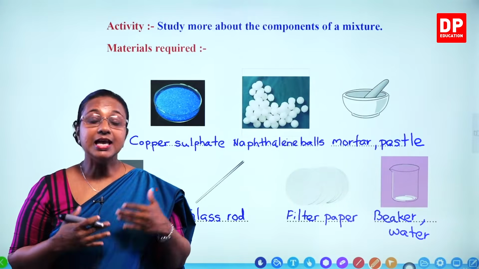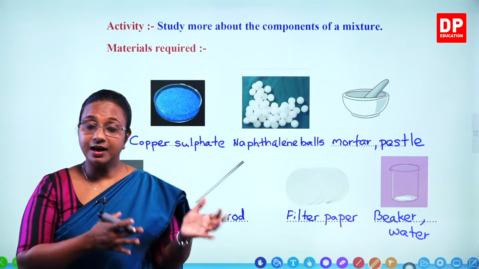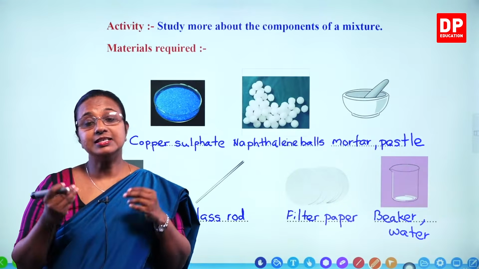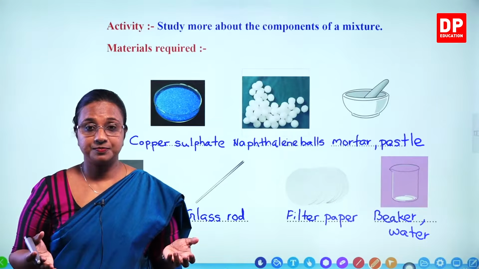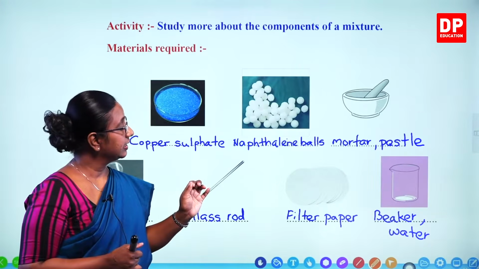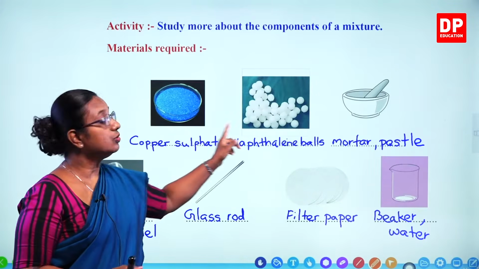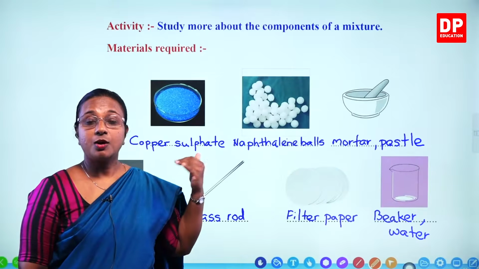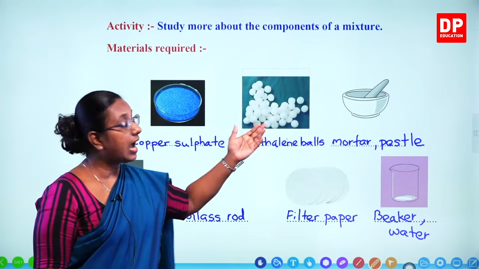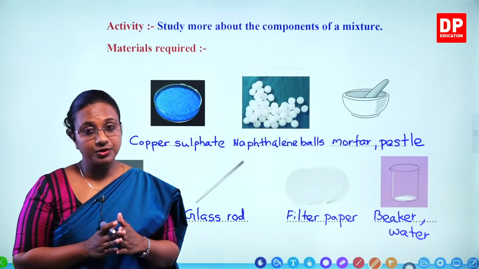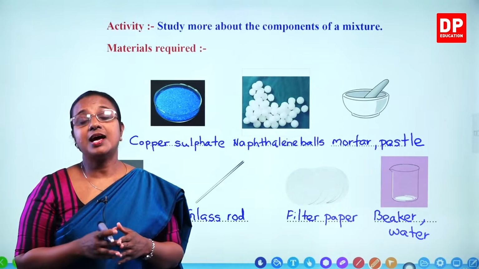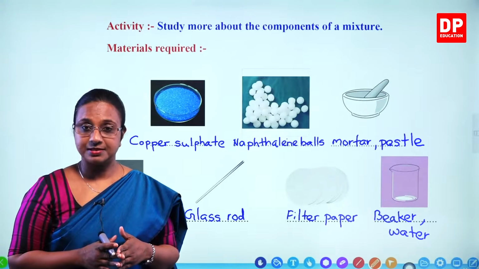You can see there is a difference in the color as well as the difference in the crystalline nature. And then we mix the 2 substances. Copper sulfate and naphthalene are mixed together by transferring them into the mortar and by grinding it using the pestle.